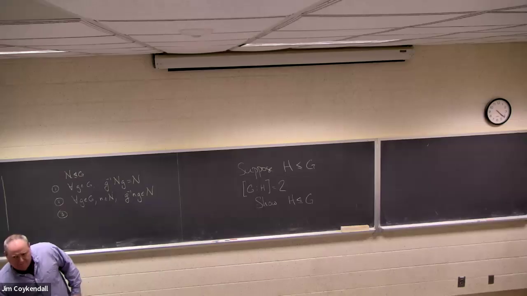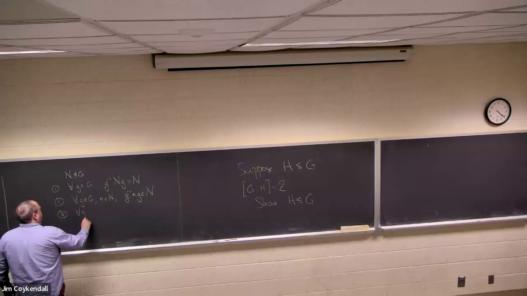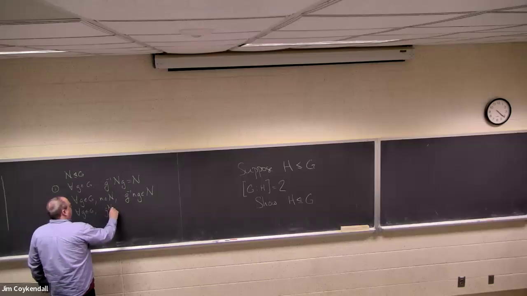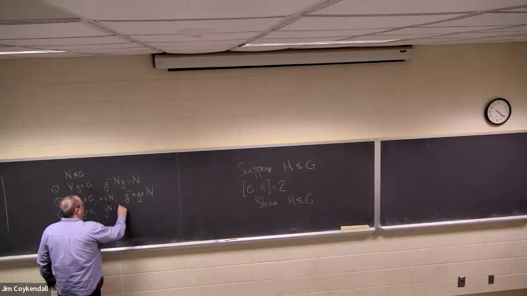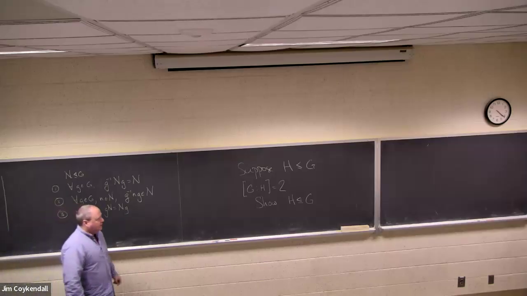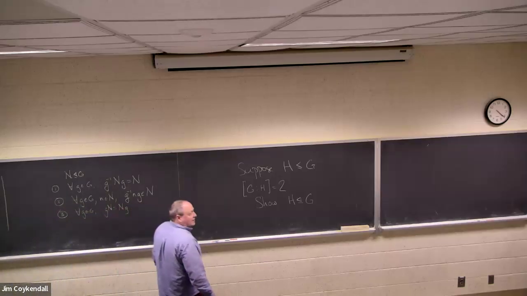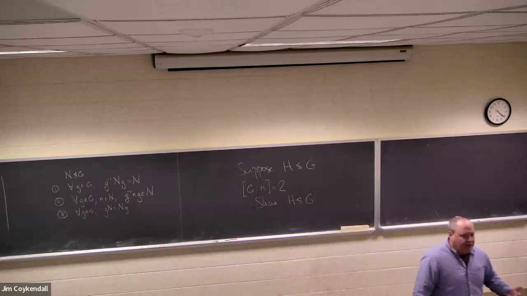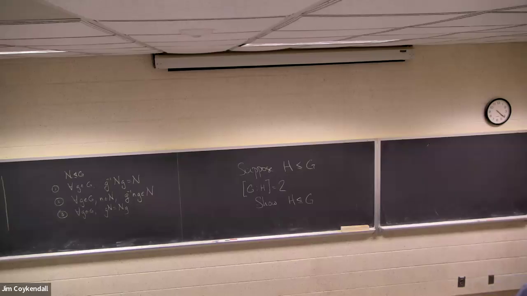Is it that the left coset equals the right coset? That's right. Every left coset is also a right coset. For all g in G, gN is the same thing as Ng. This is the easiest one. Number 3 is the easiest one to use for this particular problem.